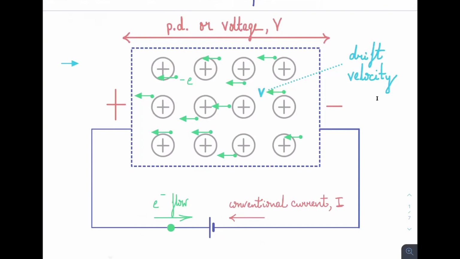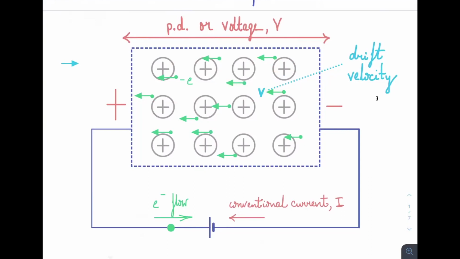Now, as electrons drift inside the conductor, okay, so as they travel through the metal from one end to the other, it is very likely that they undergo collisions with the large vibrating positive ions. You must also keep in mind the size. Electrons are much, much smaller than the vibrating positive ions.